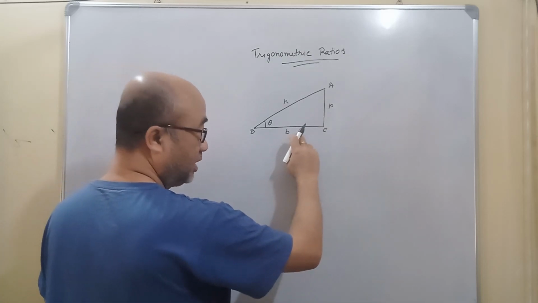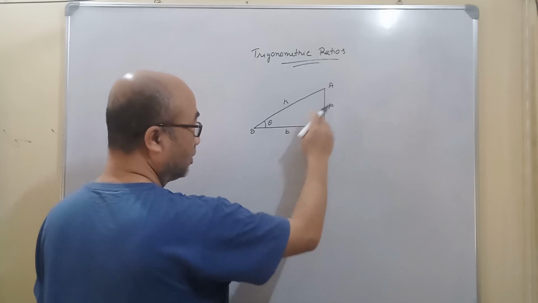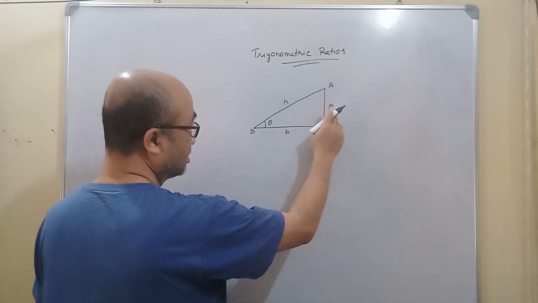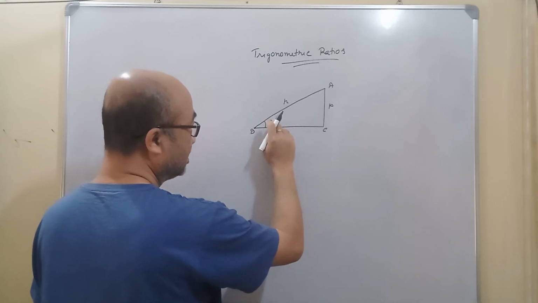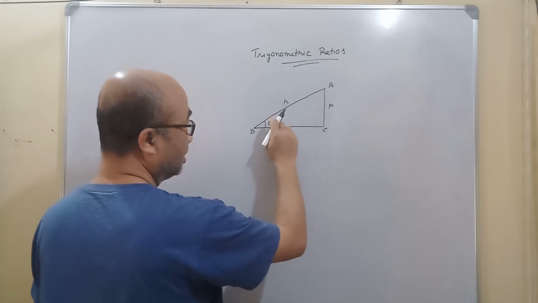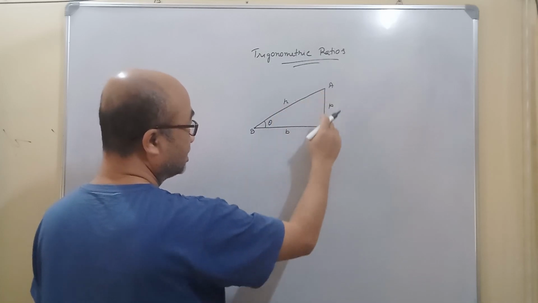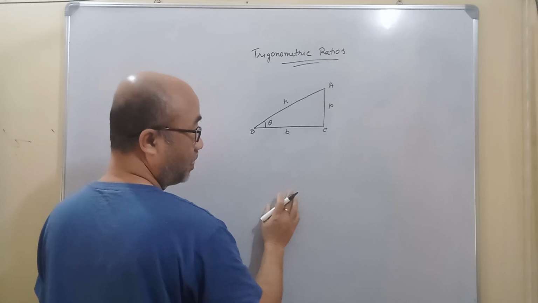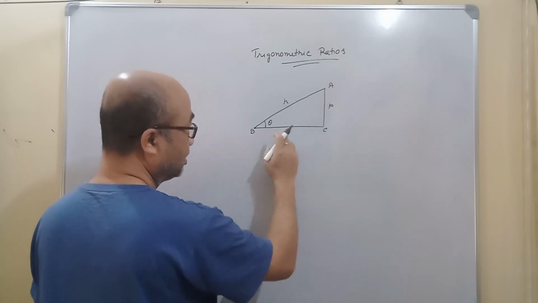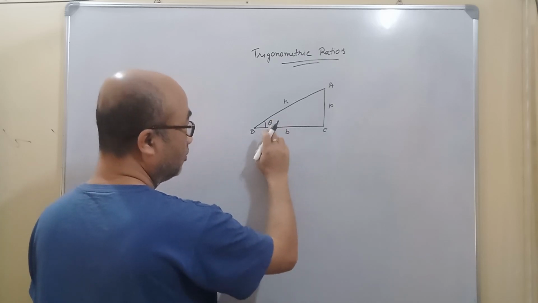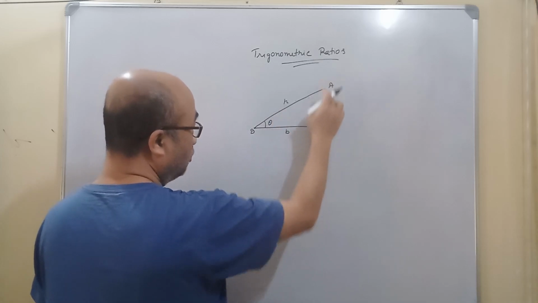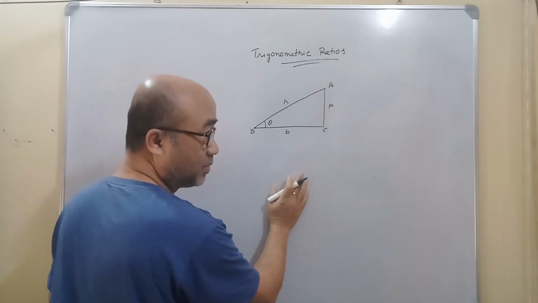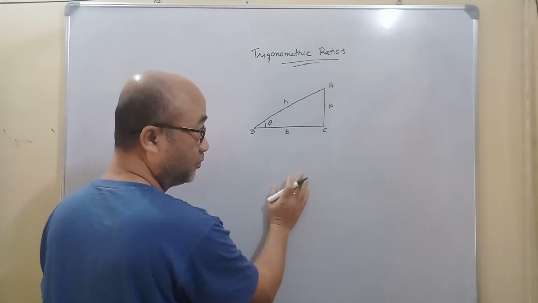This one also can be taken perpendicular if you look at it from this side, and this one as base. But since we are taking this angle as theta, we will assume that this side is perpendicular. Okay, it is important which angle you take as theta. We take this angle as theta, so the side opposite to the angle is taken as the perpendicular. This is important.